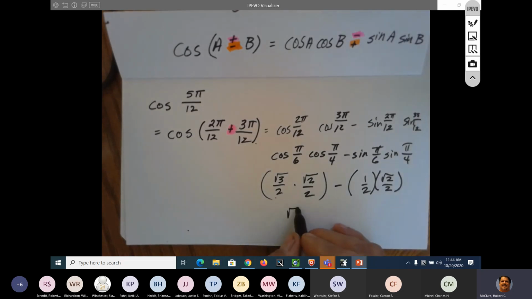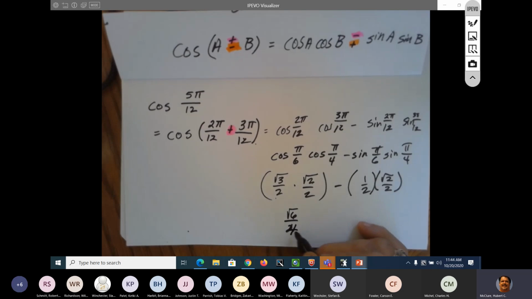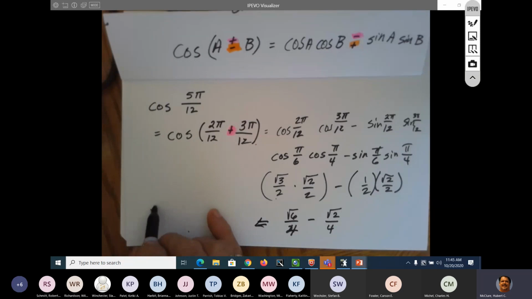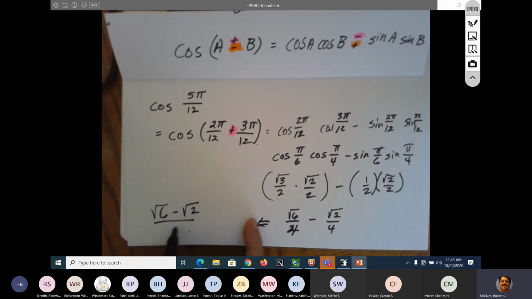And that's going to be square root of 6 over 4, sorry, minus square root of 2 over 4. And that's going to be equal to the square root of 6 minus square root of 2 over 4.